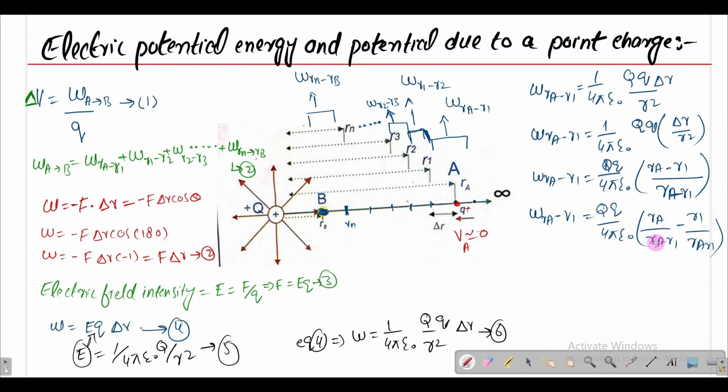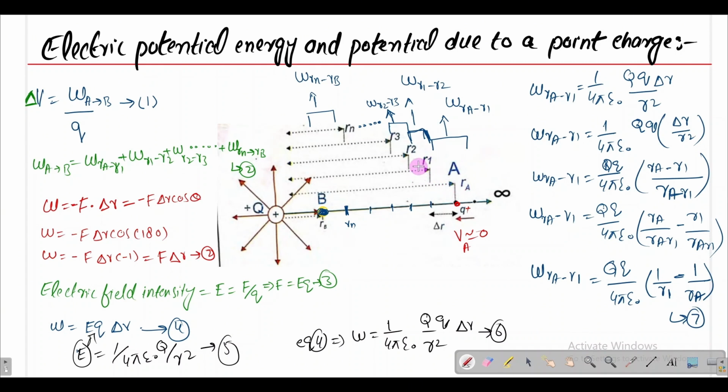Here RA and RA will cancel, so the work done from RA to R1 is equal to Q by 4 pi epsilon naught times 1 over R1 minus, with R1 and R1 cancelling, 1 over RA. This is equation 7. So equation 7 is the work done from RA to R1.